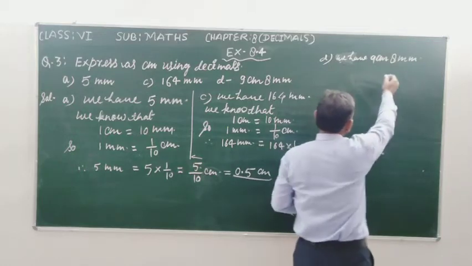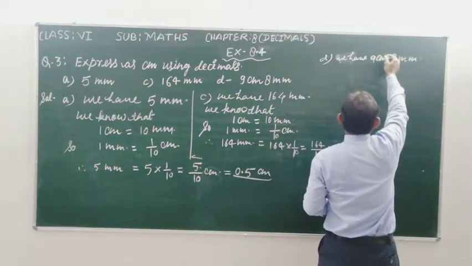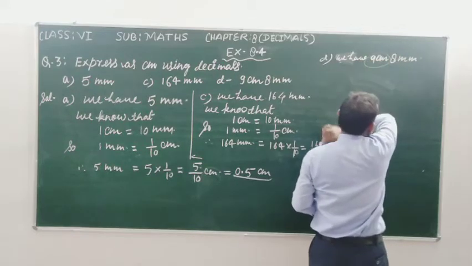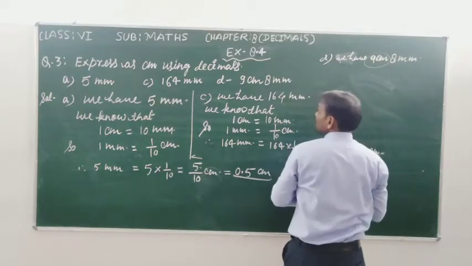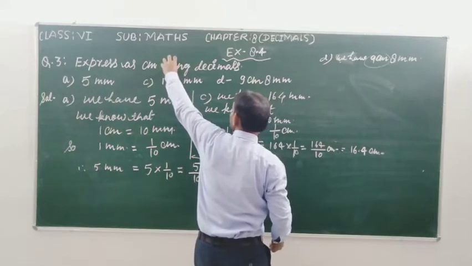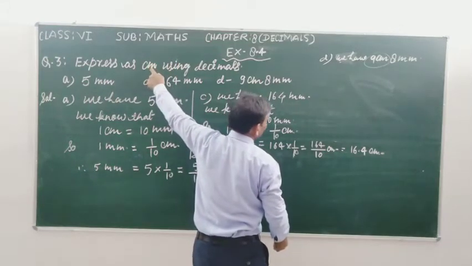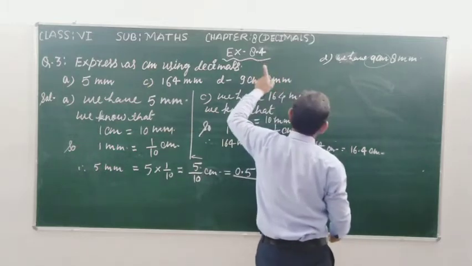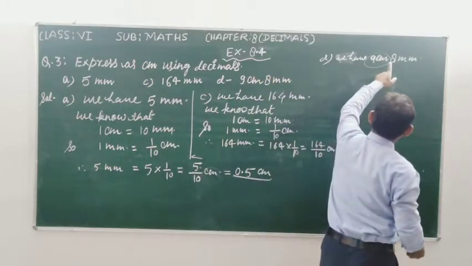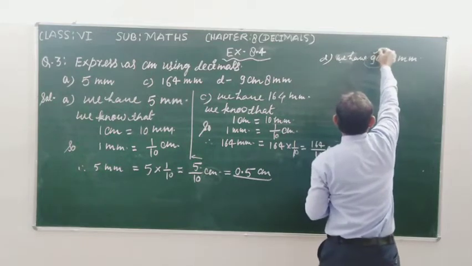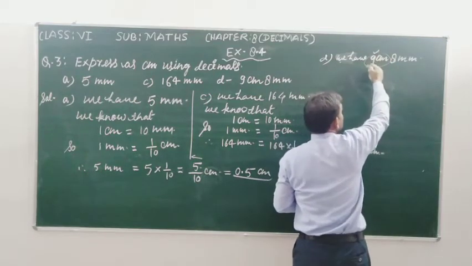So we will not touch 9 centimeter. Why? Because we need to write the converted value in centimeter, not in millimeter. So this value is already given in centimeter, so we will not touch it.